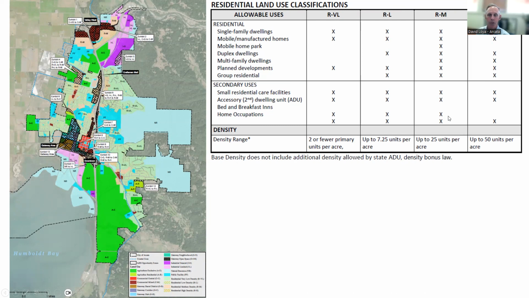We do the same thing for commercial districts and industrial districts, really identifying how the differences will be played out at the policy level. There's another layer that we identify in the zoning ordinance, and that's a more refined, more specific type of resolution than you'll get in the general plan. But the general plan is intended to give you this higher level understanding of the types of land uses that are allowable in these different districts.